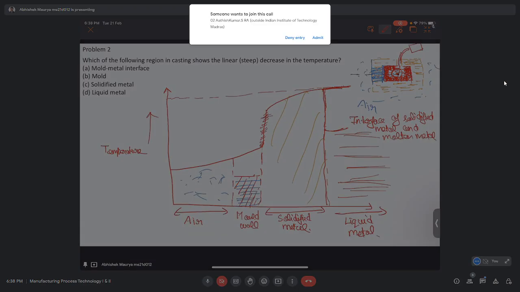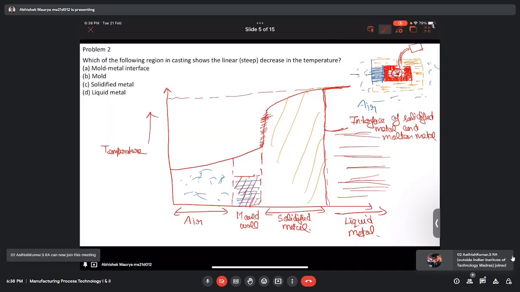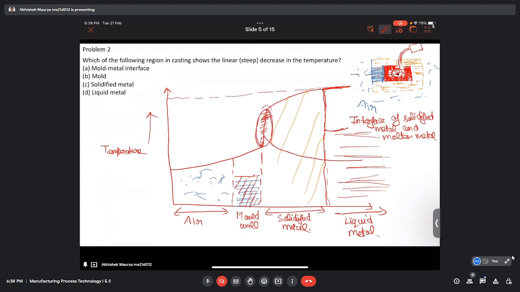And here, and here, this region is the interface of solidified metal and mold metal. And mold.